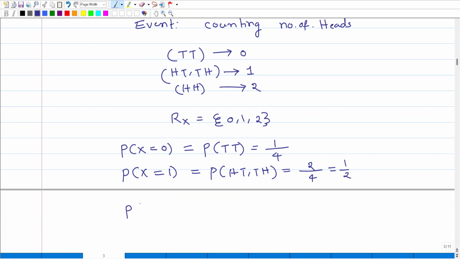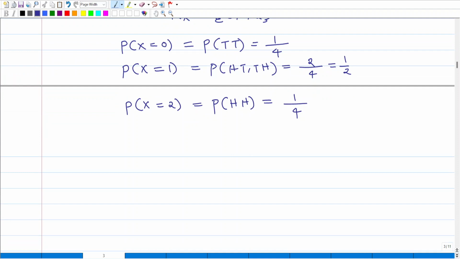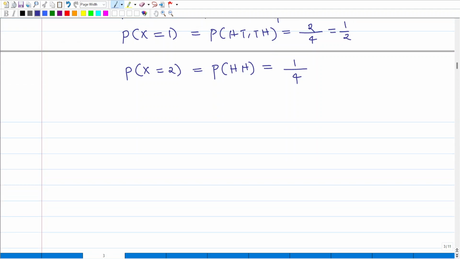And probability of x equals 2 is nothing but probability of heads and heads only, 2 heads. So out of 4 combinations or outcomes, only one outcome is favorable, so it is 1 by 4. So probability of x equals 0, probability of x equals 1, probability of x equals 2, these are all the probability mass functions.